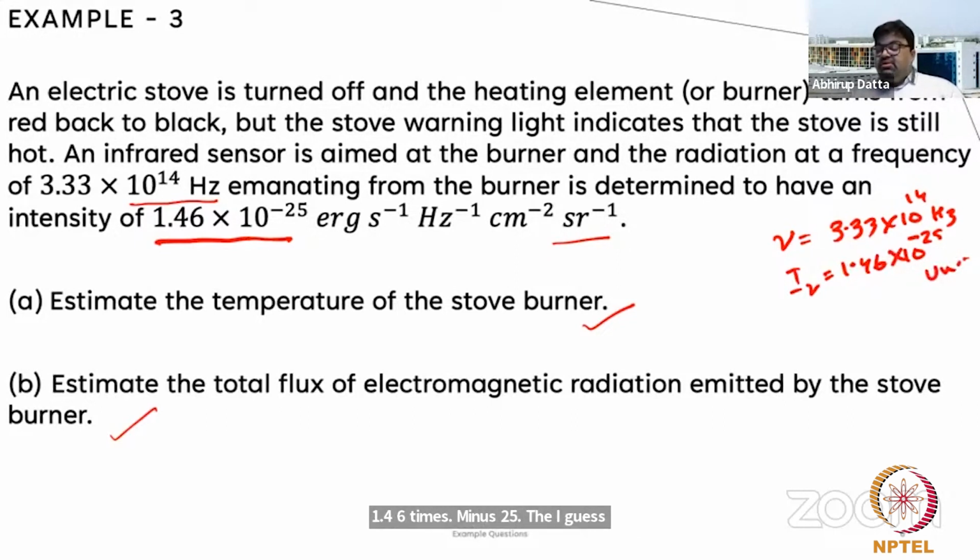So we compute the temperature of the stove, that is one, and the total flux of electromagnetic radiation of the stove. Let's go ahead.